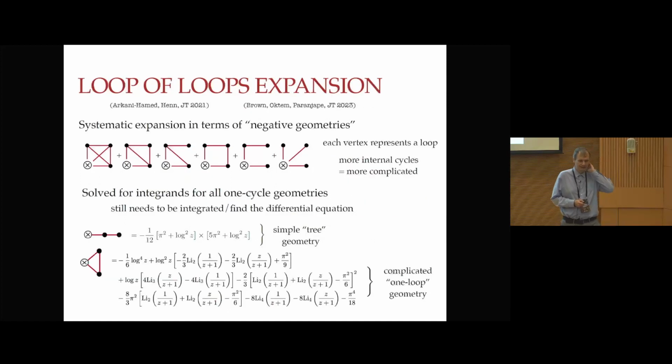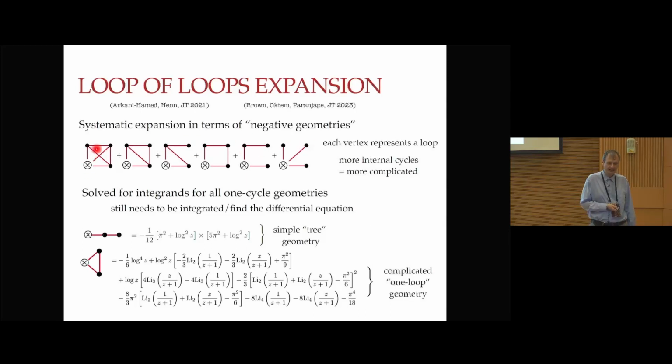Now, recently, we made some progress on this. We still cannot calculate the integrand to all loop orders, but we can find some systematics, and instead of single amplitude-hedron geometries, we can break the whole thing into pieces. We call them negative geometries. The details of what these negative geometries are not that important. But instead of one geometry, you have many geometries, and there is a hierarchy between them.